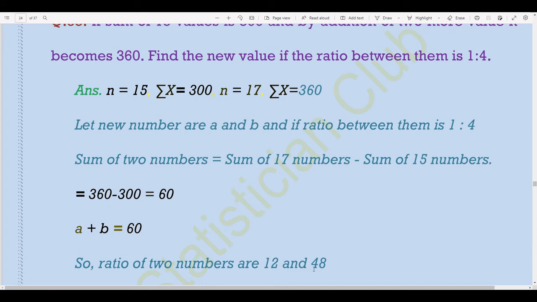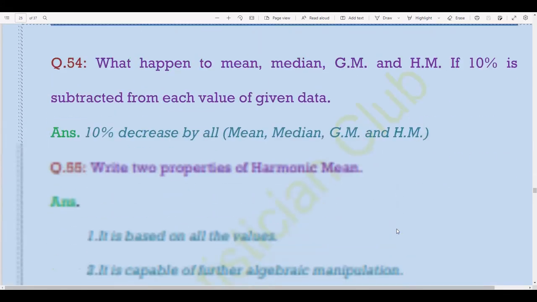So 12 and 48 are the 2 numbers. By summing these 2 numbers, it is 60, and these numbers are also in the ratio of 1 to 4.